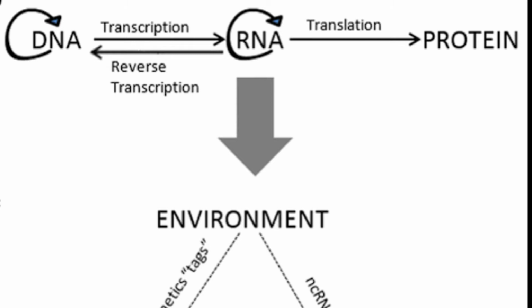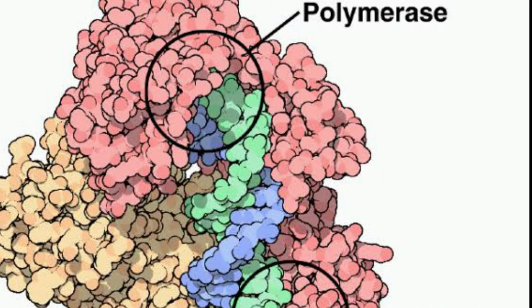Reverse transcription is the process whereby information is moved from RNA to DNA. Reverse transcriptase, which is my main case study today, is an enzyme used to generate complementary DNA, that's cDNA, from an RNA template through a process called reverse transcription.